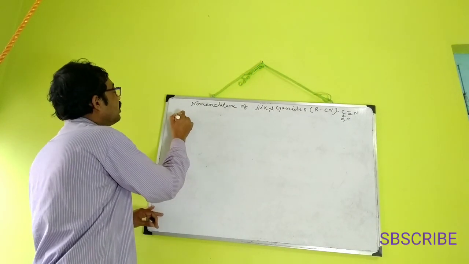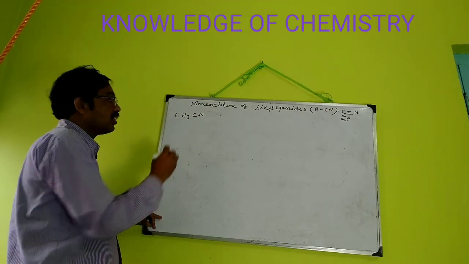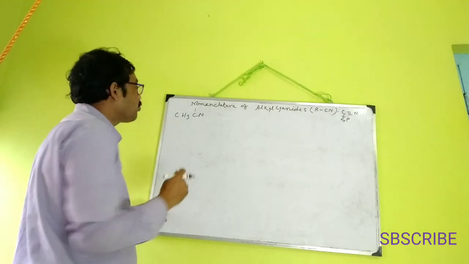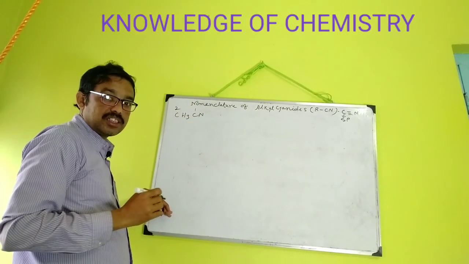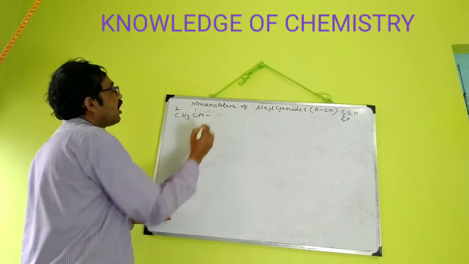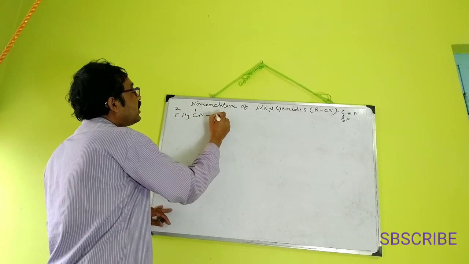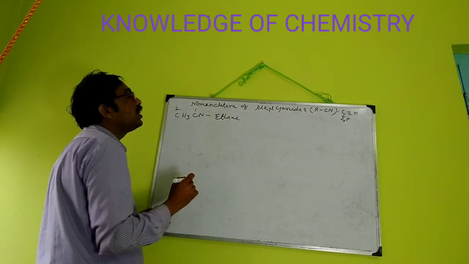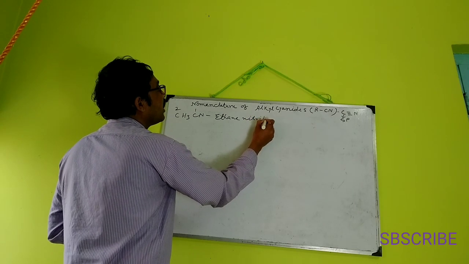As for example, CH3CN: here C of CN is given position 1, then CH3 is number 2. So here 2 carbons are present. Therefore its name will be ethanenitrile. The name ends with nitrile.